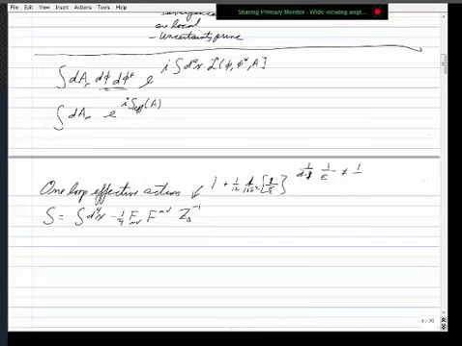Our one loop effective action S is integral d4x minus a quarter F mu nu squared. And then there's one from lowest order plus a divergent piece, which I'll just call Z3 minus 1.